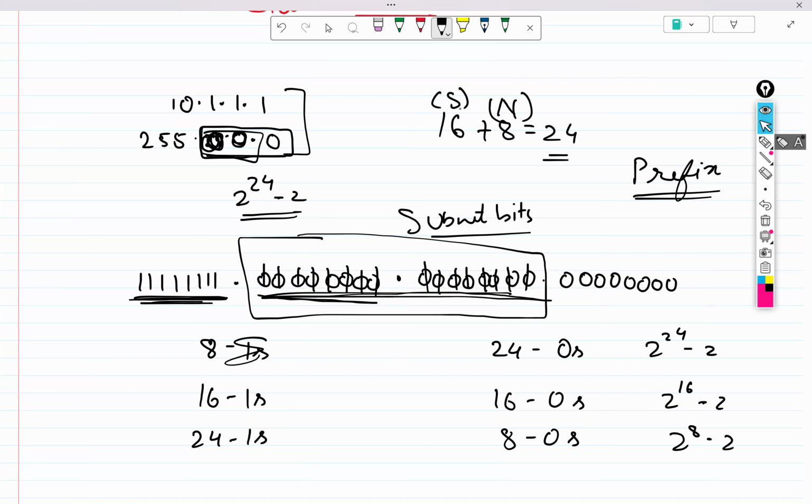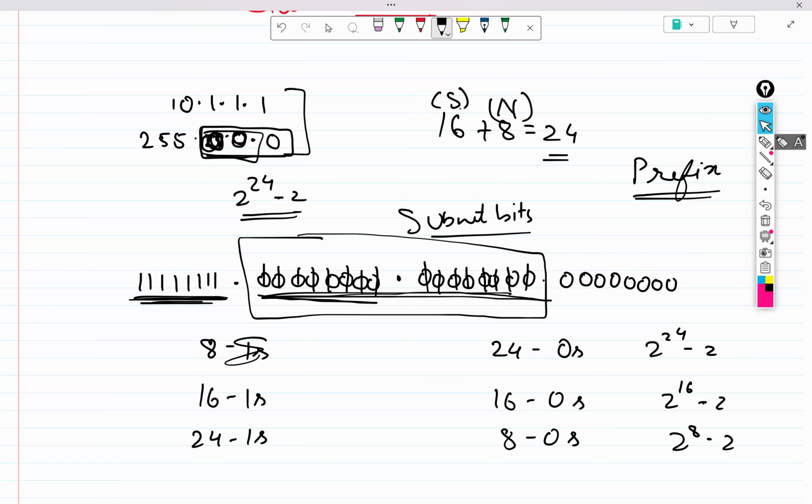Is this clear now? Yes, sir. Mohit? Yes, sir. Vivek? Sir, any doubt in this? Why do we write IP and besides that /24? Exactly. Yes, sir.